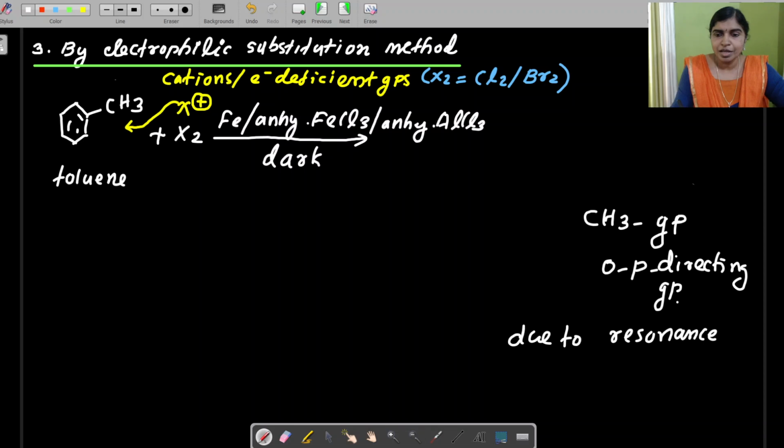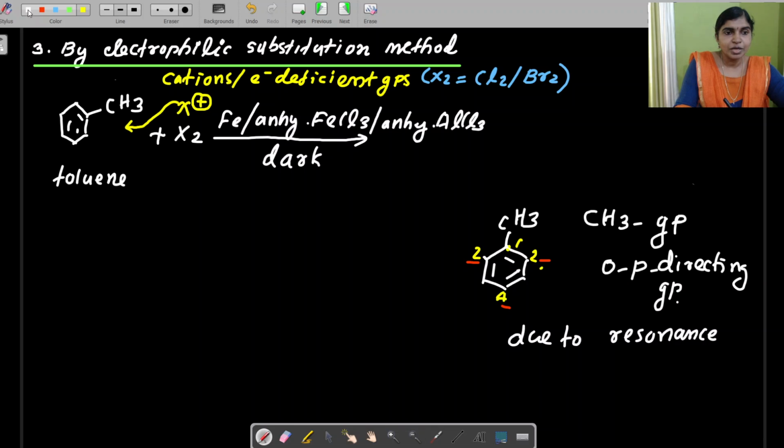So when we are considering the toluene, due to resonance, this position and this position, that means this is 1,2 position, this is 1,4 position, and this is 1,2 position. So there are 2 ortho positions and 1 para position.